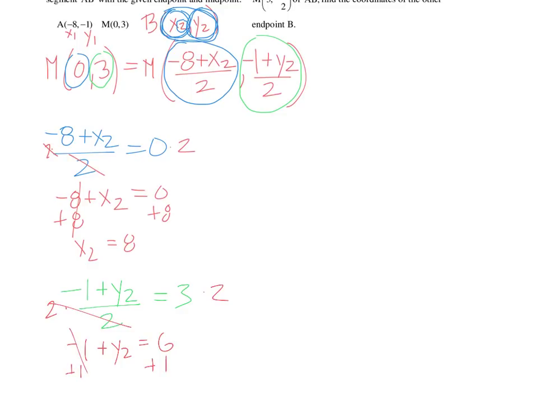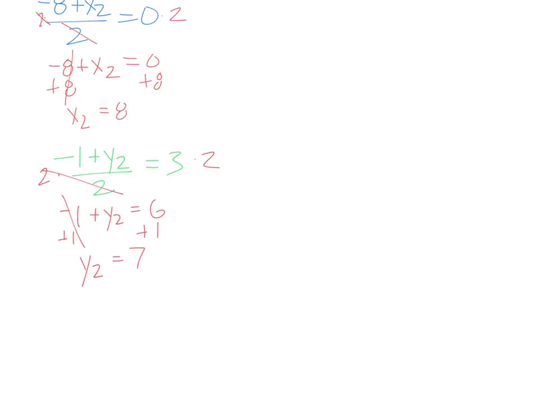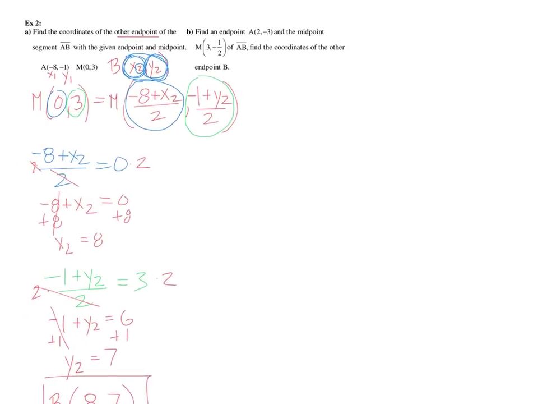Add 1, and I get y sub 2 is equal to 7. All right, so my B point, the x and y values are 8 and 7. Done. All right, let's do it one more time to make sure you understand this concept.